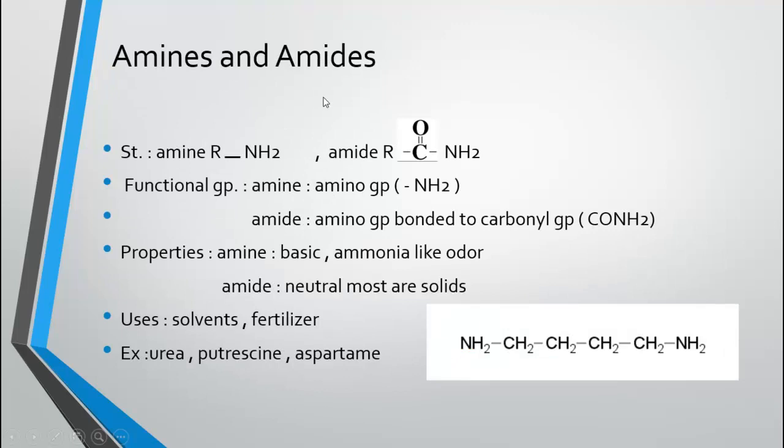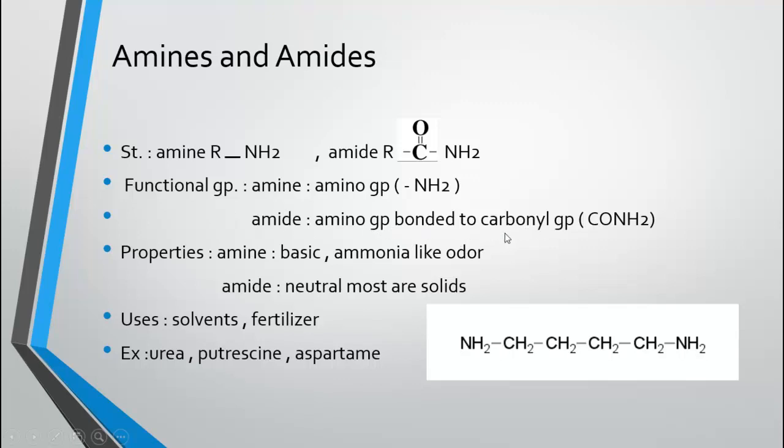Amines and amides. Amines and amides are two substituted hydrocarbons. The amine structure is RNH2, but the amide structure is RCONH2. The functional group for amine is the amino group, NH2, but in the amide, the amino group is bonded to the carbonyl group.